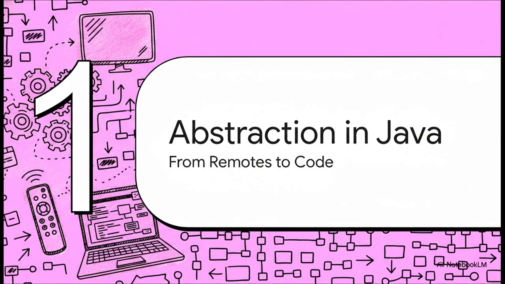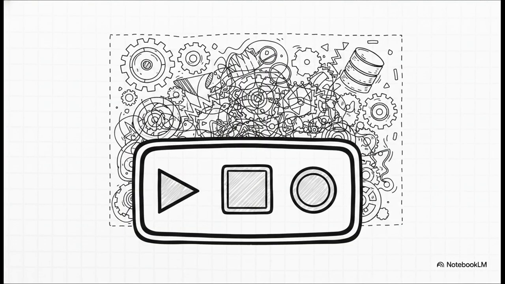Section 1. How Java uses abstraction, moving from remotes to code. Let's move on and see how this builds. Believe it or not, Java programming uses the exact same philosophy as your TV remote. In Java, we want to design our programs so that we only show the important actions to whoever or whatever is using our code.